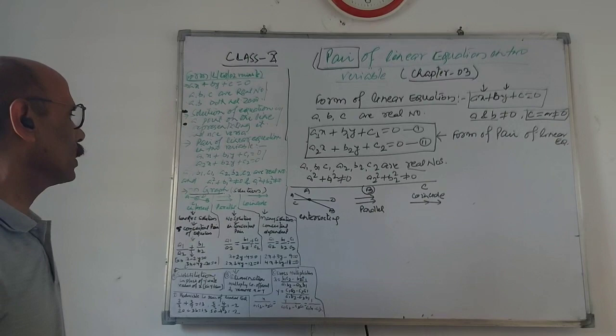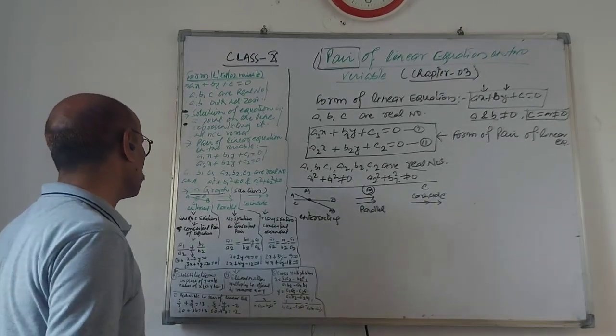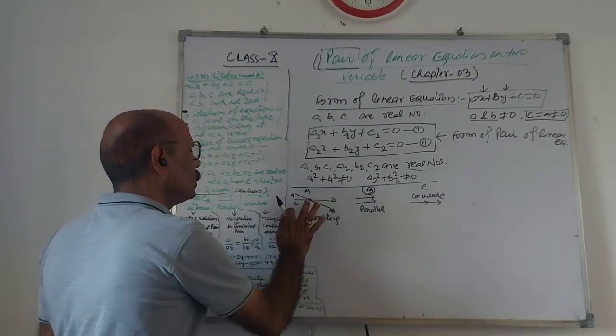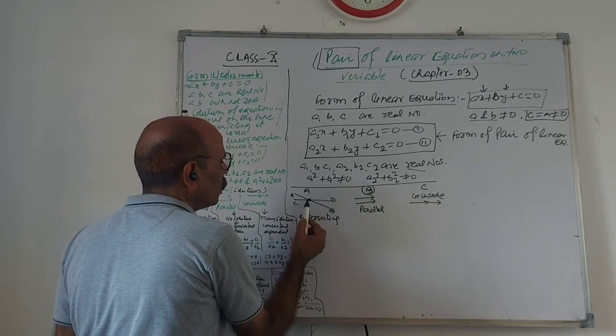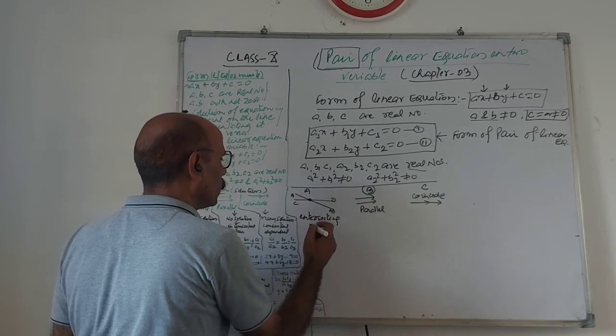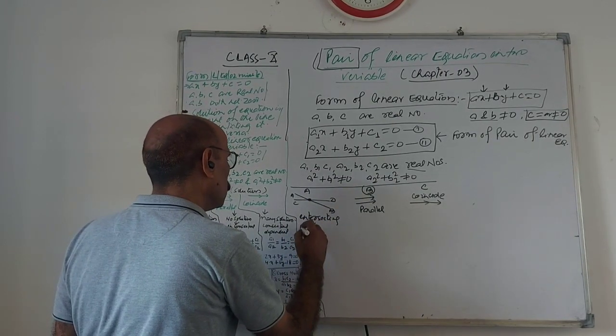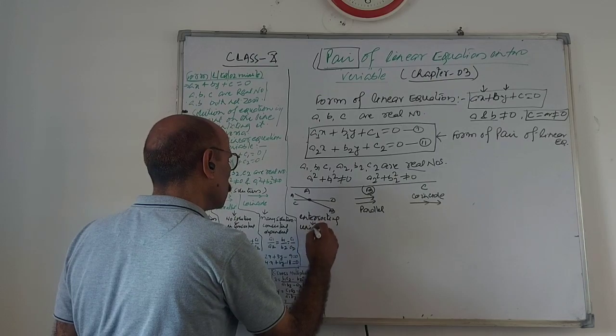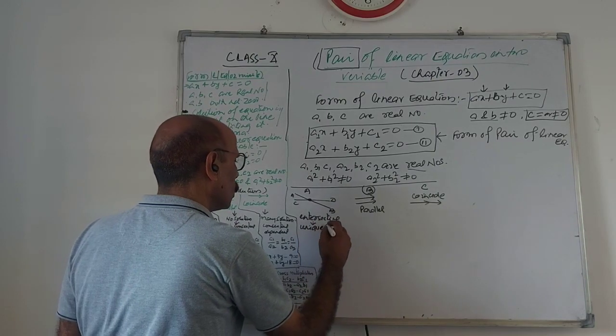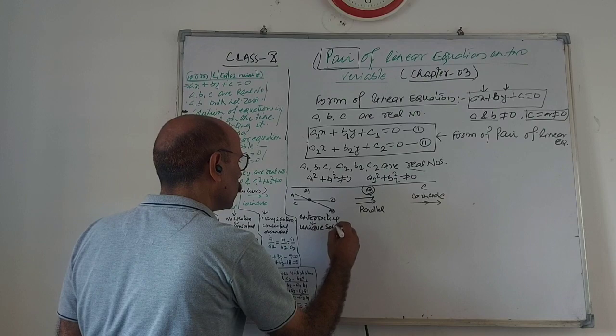In the first situation there is a unique solution, that means one intersecting point. So this will be called unique solution.